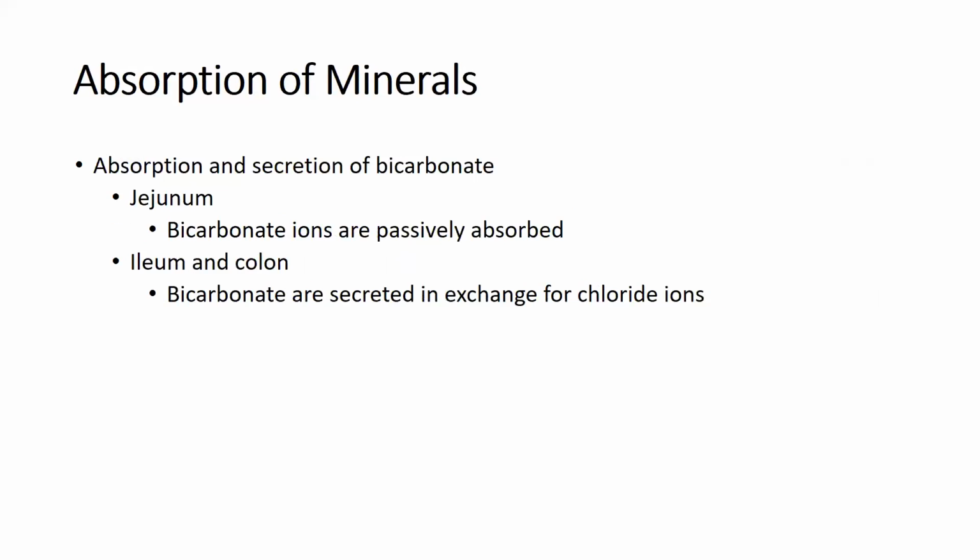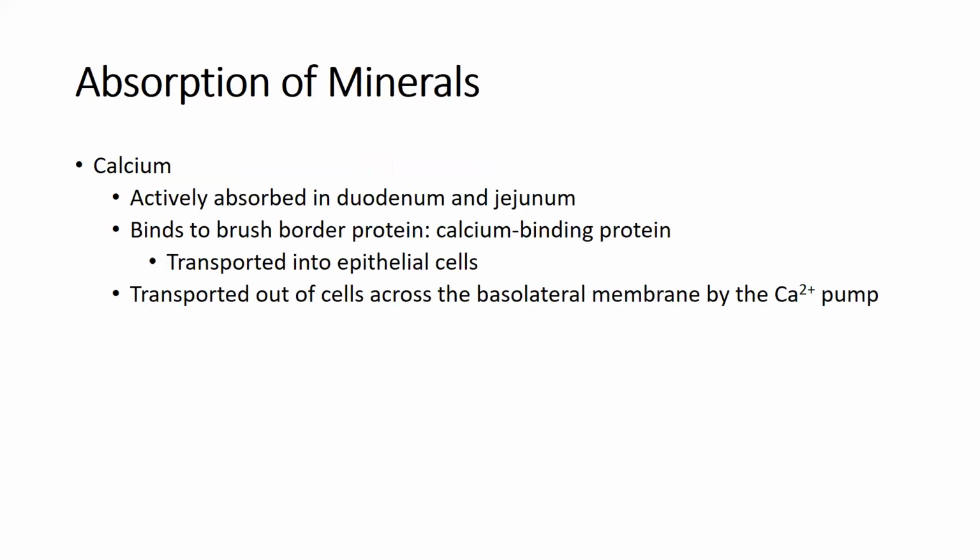Just to point out, this relationship with chloride in the large intestine plays a significant role in the disease cholera. If you've ever heard of cholera, the movement of chloride and sodium in the colon, and the channel that's disrupted by the cholera bacteria, is where the diarrhea comes about.